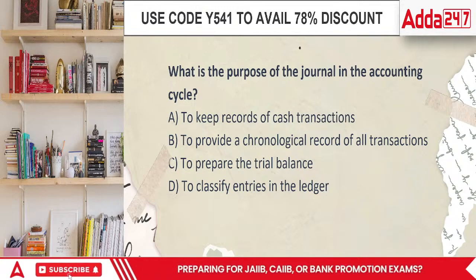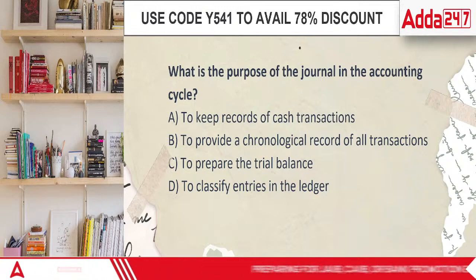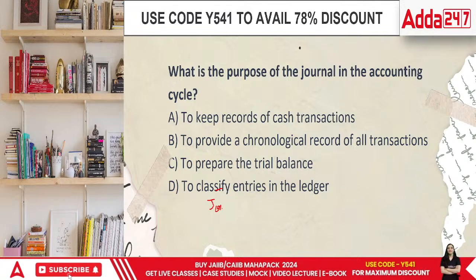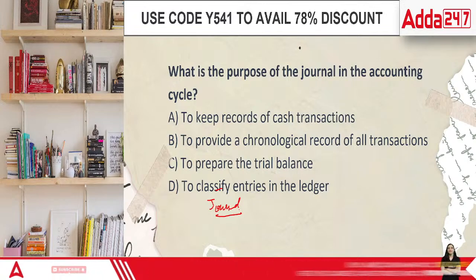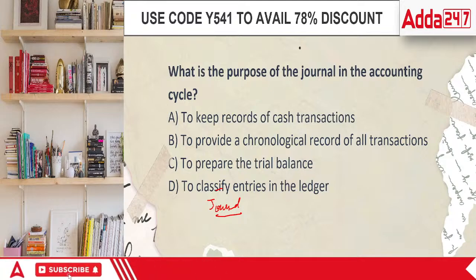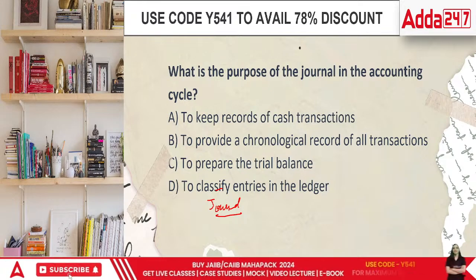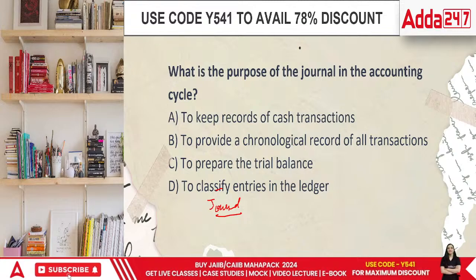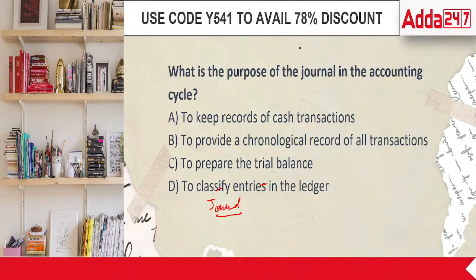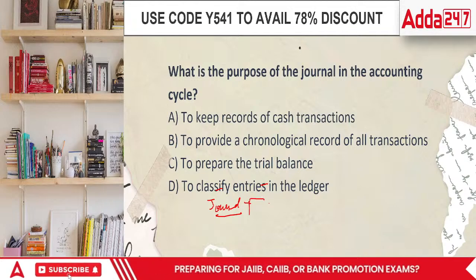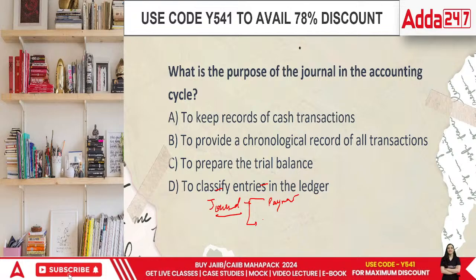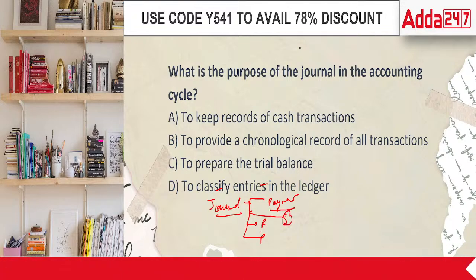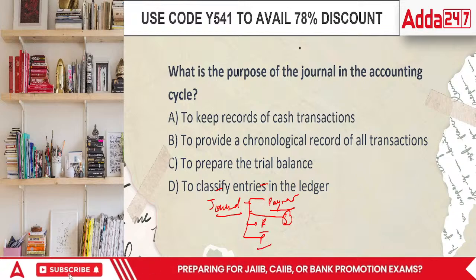Journal means individual transactions, like we received money, we paid money. All those things are noted in this area. So journal basically talks about the payment, receiving of money, purchase, sale. All these things are noted in journal.